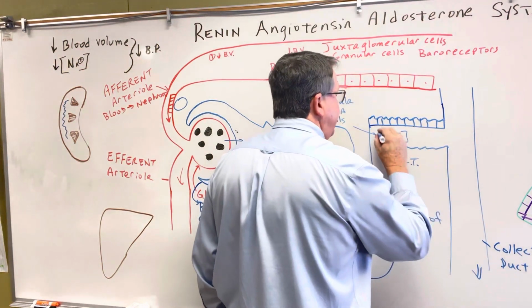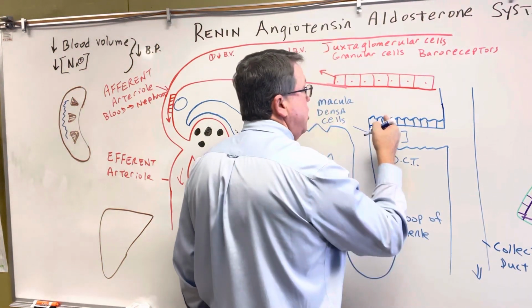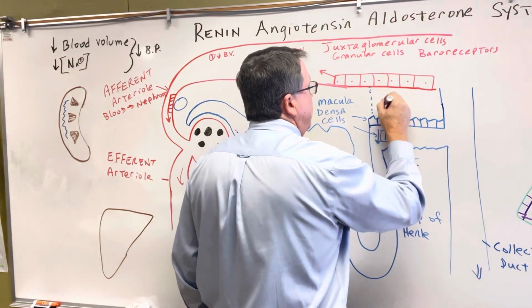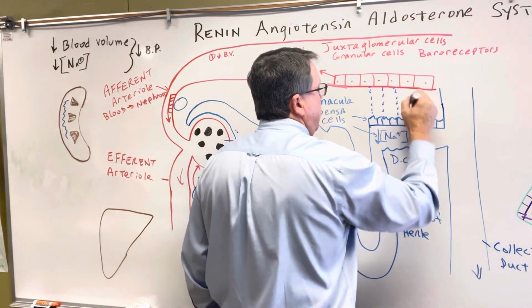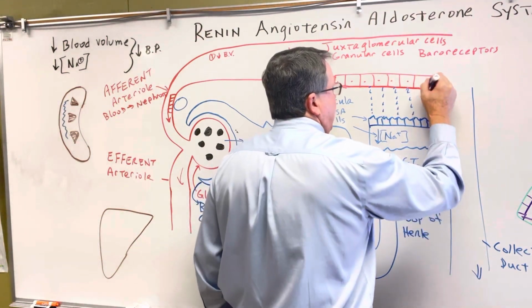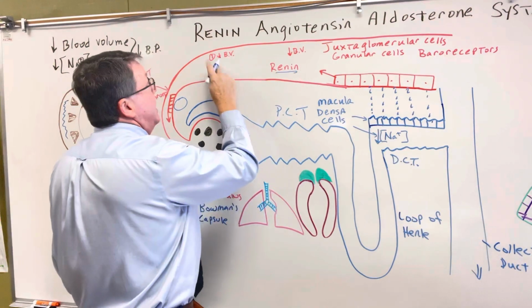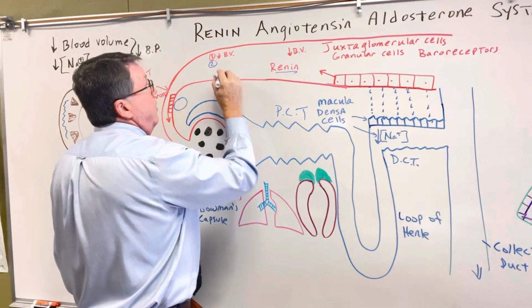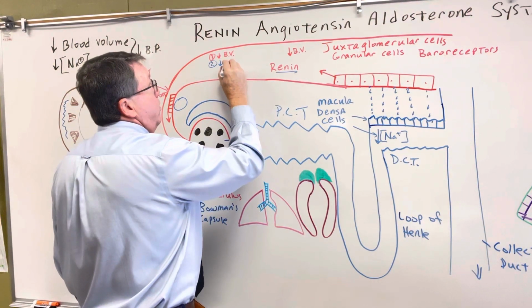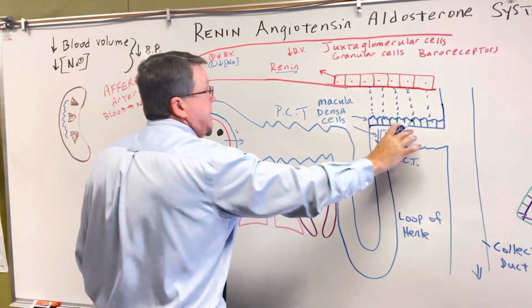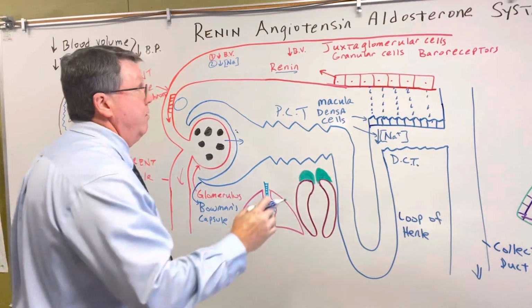So when we have a decrease in sodium concentration, these cells will send signals to these juxtaglomerular cells, and guess what they're going to do? They're going to cause them to secrete renin. So the second reason we get renin secreted is a decrease in sodium concentration when it's sensed in the distal convoluted tubule.